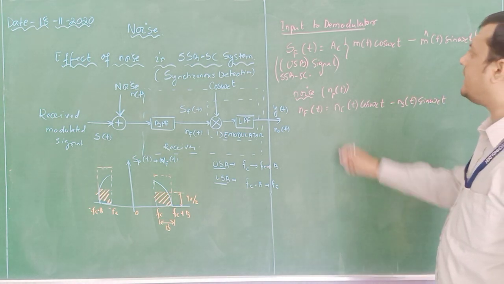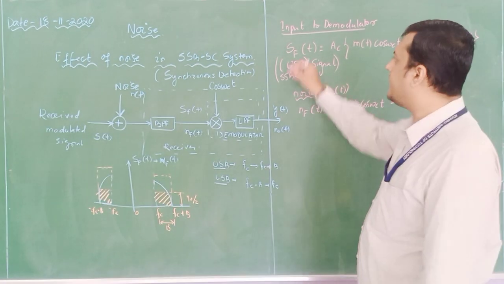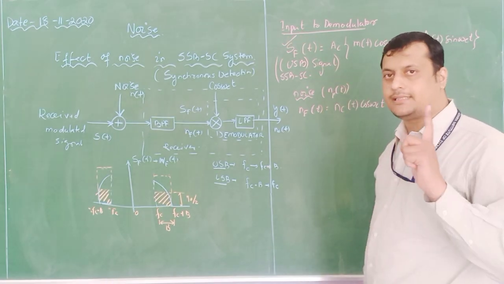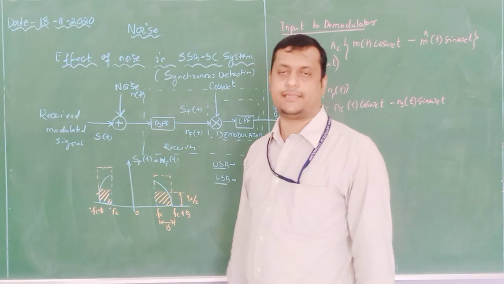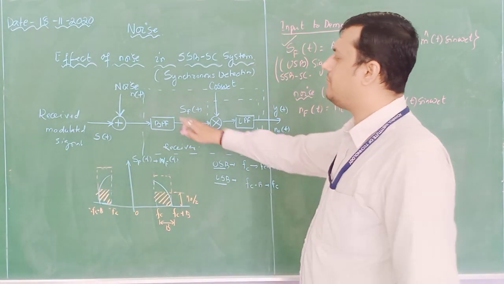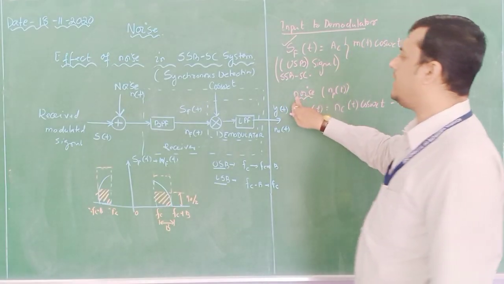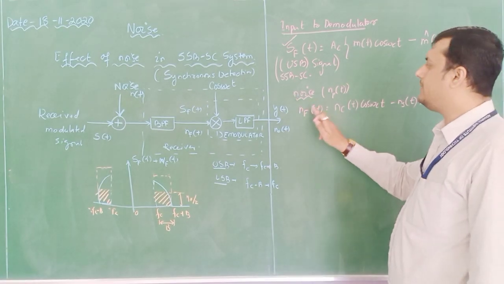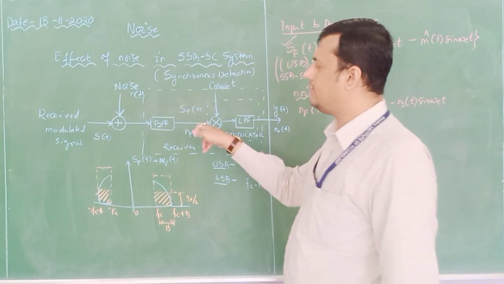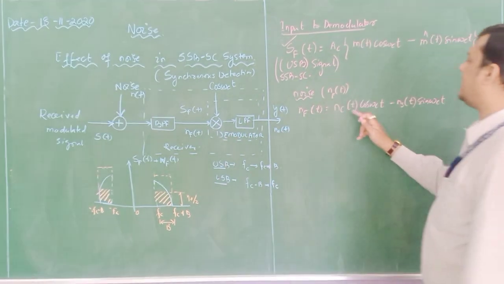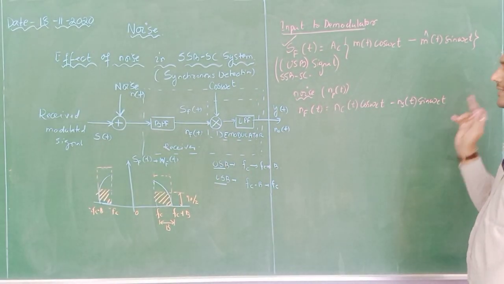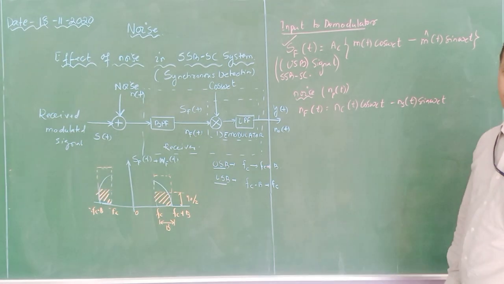So this will be my input to the demodulator. The first input is the received signal, our SSB-SC signal, which is passed through the band pass filter. What will be the noise component? Noise is also going to pass through this band pass filter, and we get NF of t, that is NC of t cos omega c minus NS of t sin omega c.